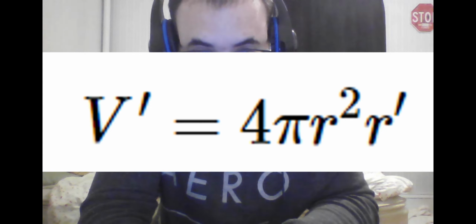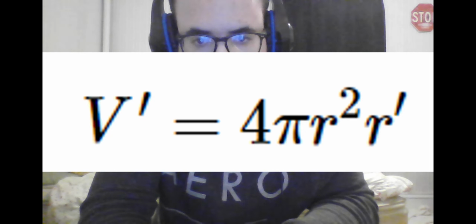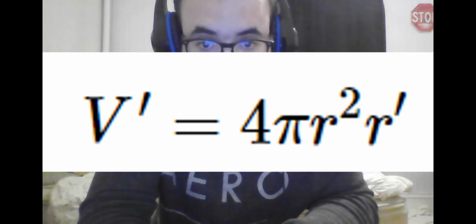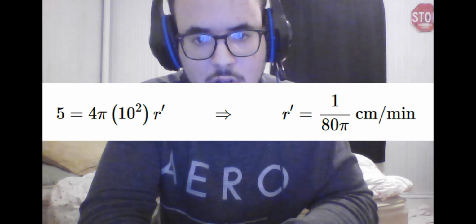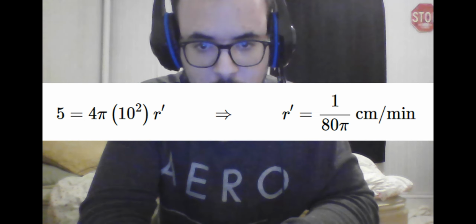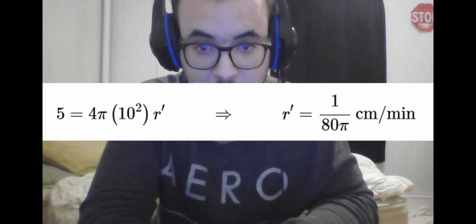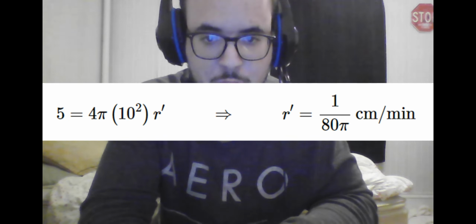So now the 3 and 4/3 and the 3 and 3r squared cancel each other out. And now we plug in the appropriate dimensions for the rate of change of volume and also the radius. And once we do some arithmetic and algebra, we should logically conclude that the rate of change of radius is exactly 1 divided by 80 times pi centimeters per minute.